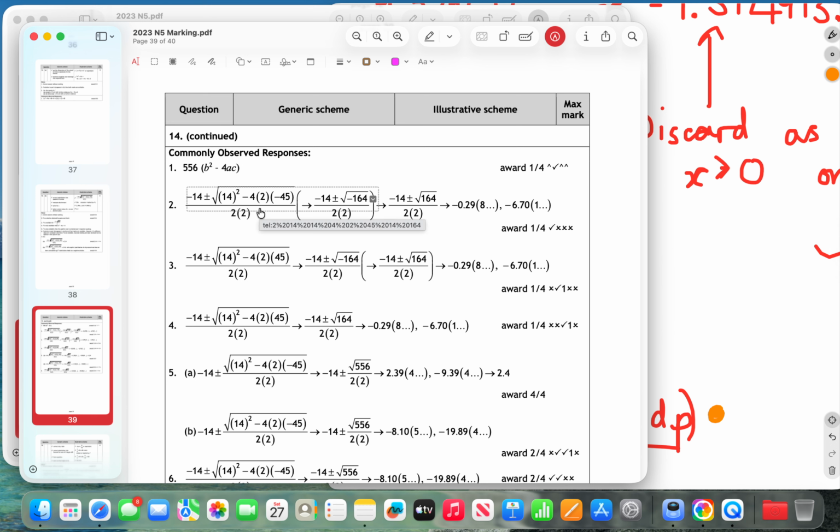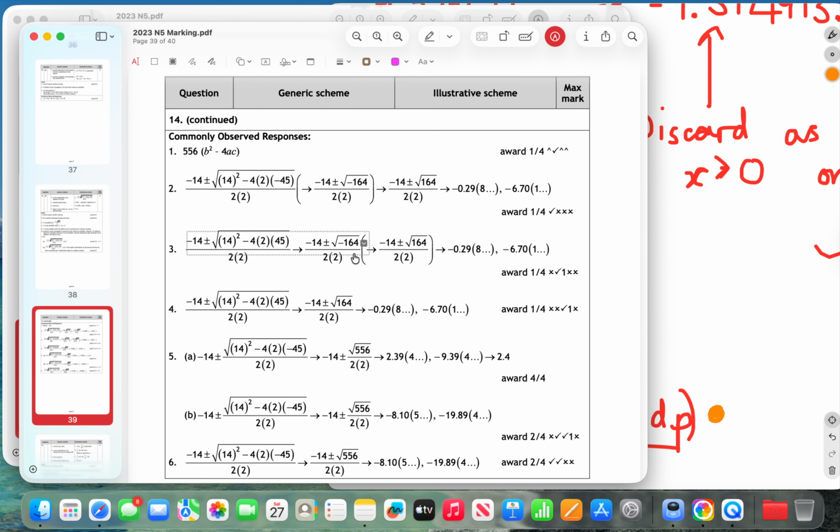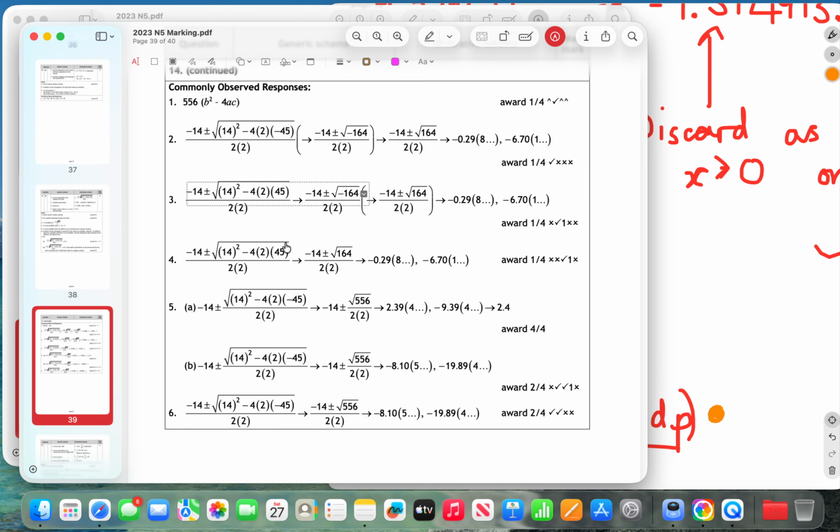So what they did was they did 196 minus 360. They had to add 360 because it's two negatives. And kind of the same thing happened on this one, but this time they actually put plus 45 as C instead of negative 45. So that's a case of getting the wrong coefficient.